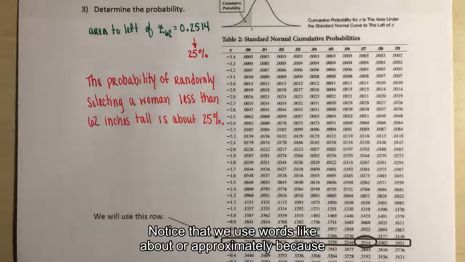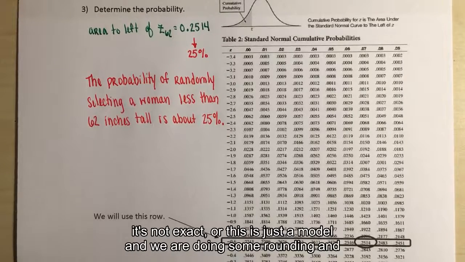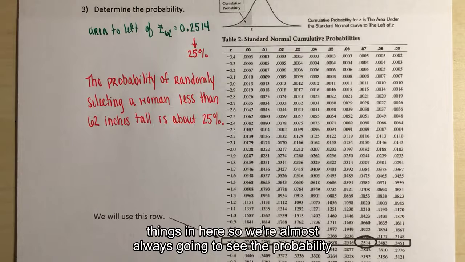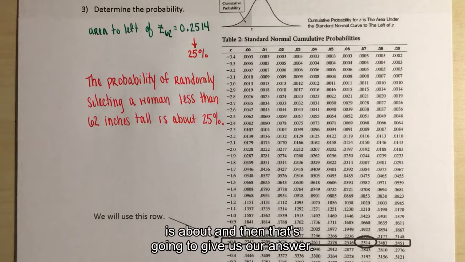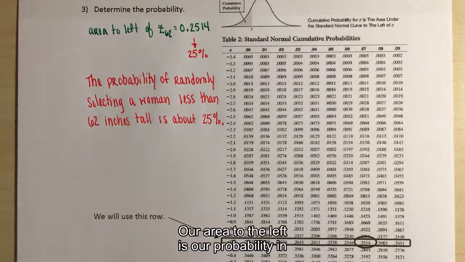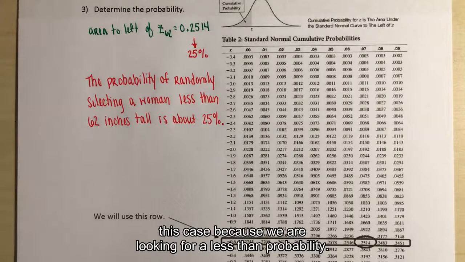Notice that we use words like about or approximately because it's not exact. Remember, this is just a model, and we are doing some rounding. So we're almost always going to say the probability is about, and then that gives us our answer. Our area to the left is our probability in this case because we are looking for a less than probability.